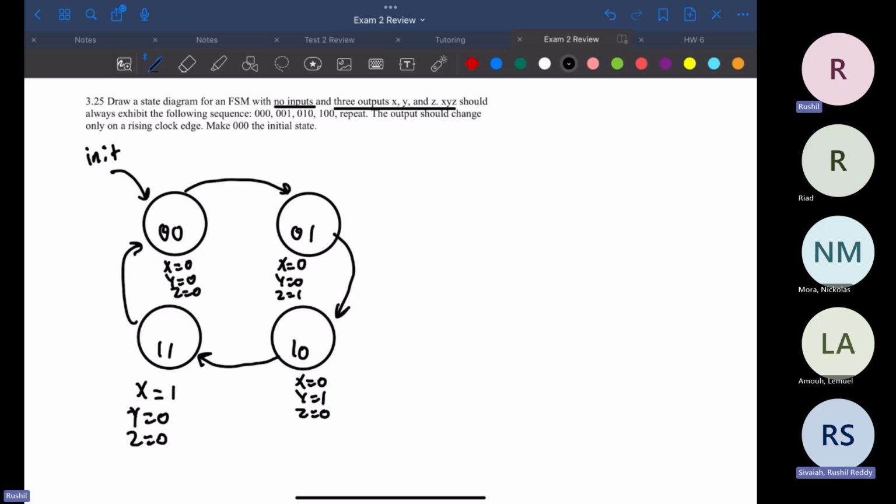Yeah, let me find it. Do you know which one it's in? It's in the 6. Oh, sequence generator. I see it. Design a sequential circuit. No, this one.